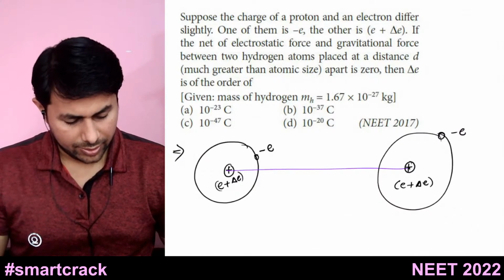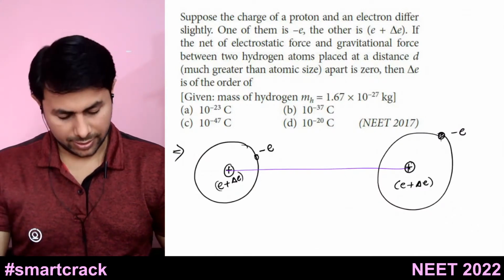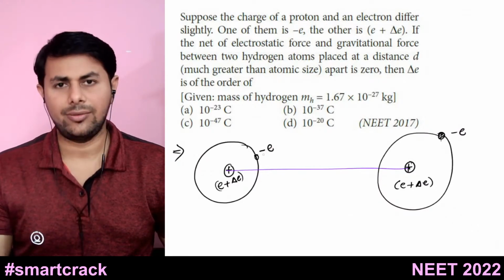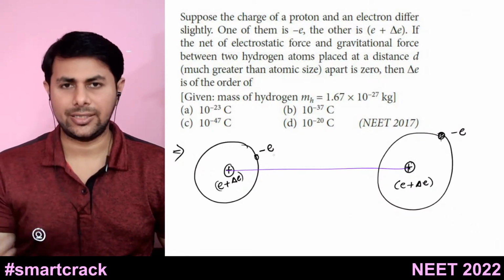Now see what will be the net charge on a hydrogen atom. It is E plus delta E minus E, so this plus E and minus E get cancelled out.